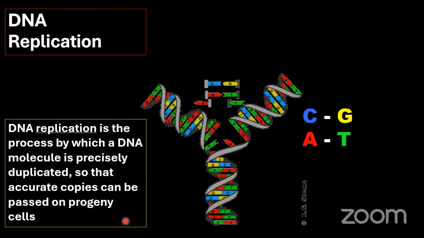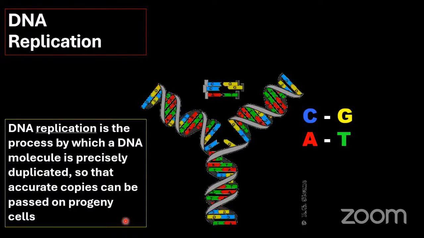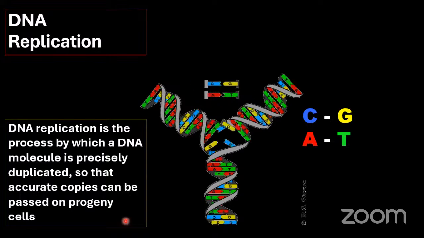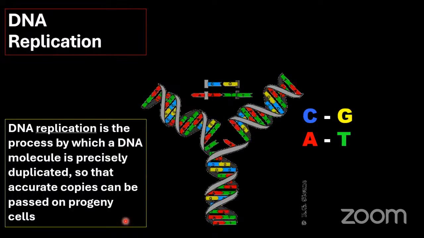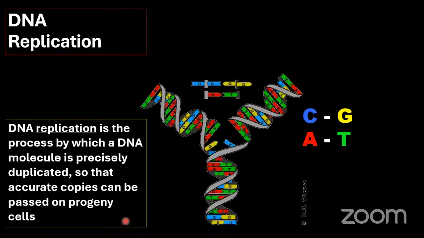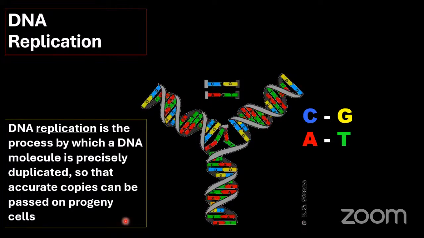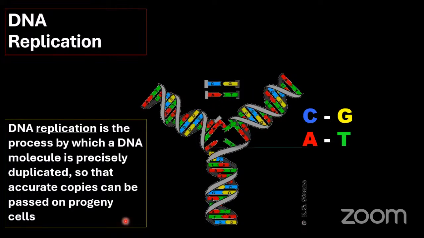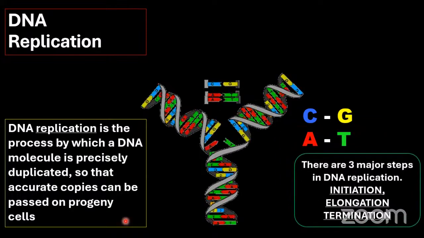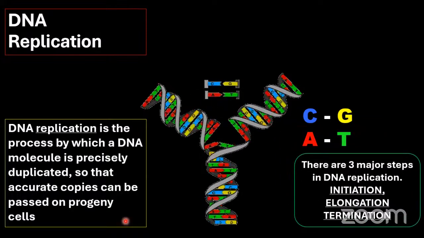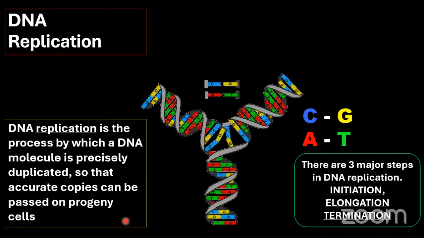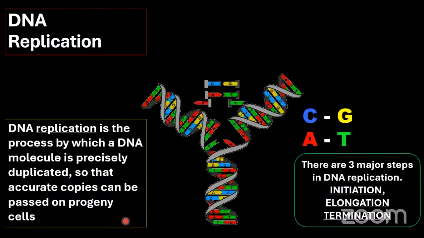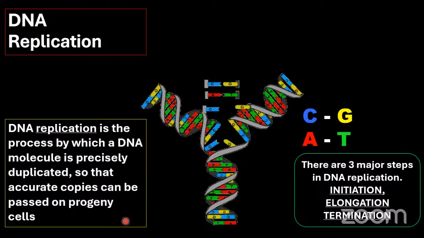When this process does not proceed in a very careful manner, it could lead to mutation, and the mutation may lead to death. So there are three major steps in DNA replication. We have the initiation, we have the elongation, we have the termination.